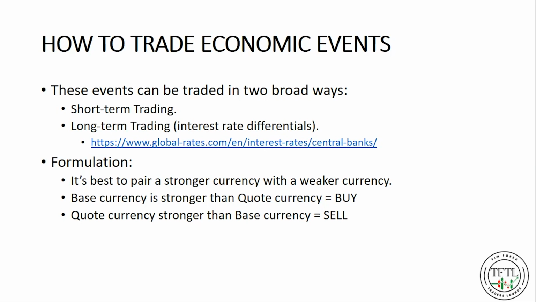So for a currency pair in which the base currency is stronger than the quote currency, we shall be looking to buy. When we have a currency pair whereby the quote currency is stronger than the base currency, then we shall be looking to sell.